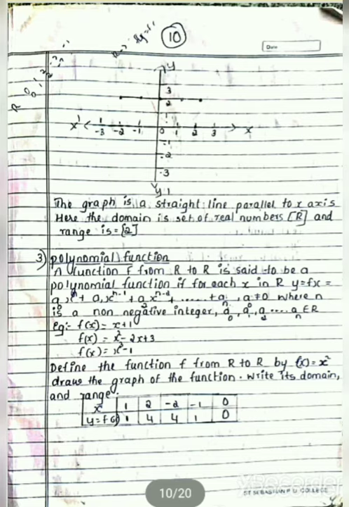Next comes the polynomial function. What is a polynomial? Polynomial, as you studied earlier, is an expression like a0 x to the power n plus a1 x to the power n minus 1, plus a2 x to the power n minus 2, and so on.